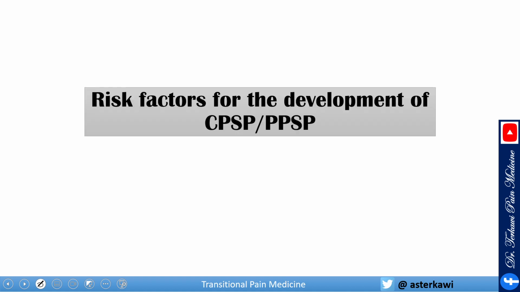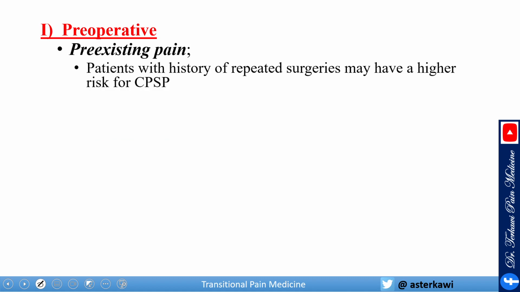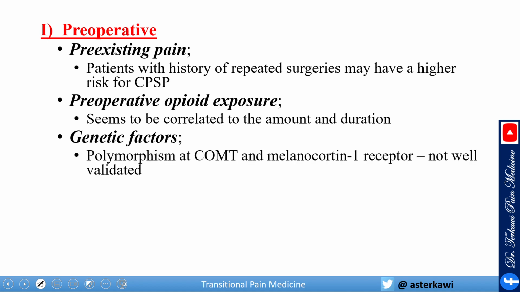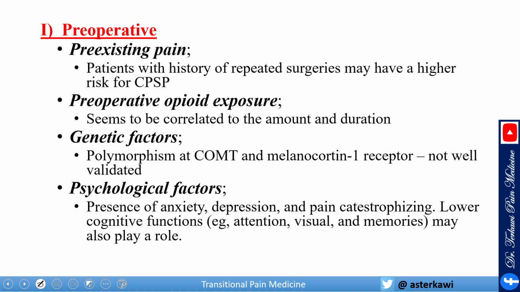Now, what are the risk factors for developing chronic post-surgical pain? I divided them as preoperative, like pre-existing pain, preoperative opioid exposure, and some genetic factors like polymorphism in COMT and other receptors. Psychological factors are a big thing.